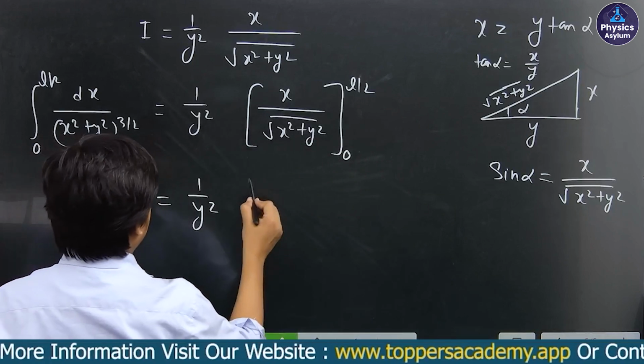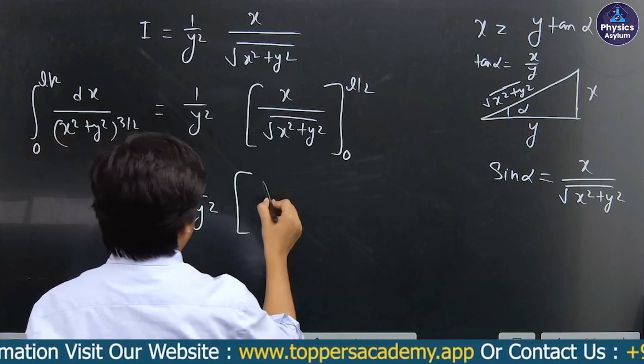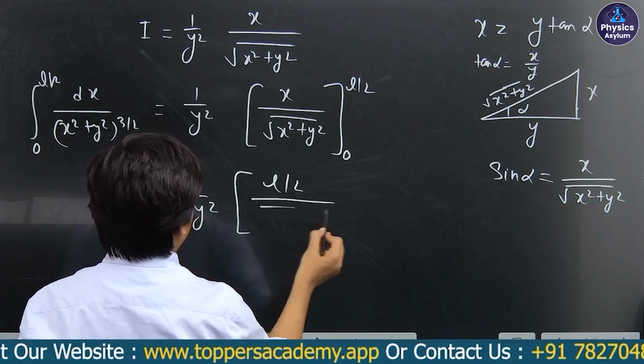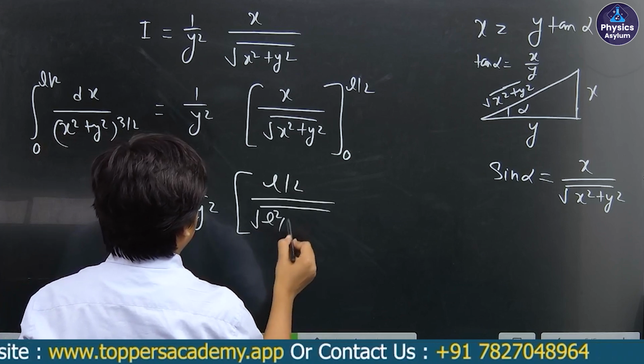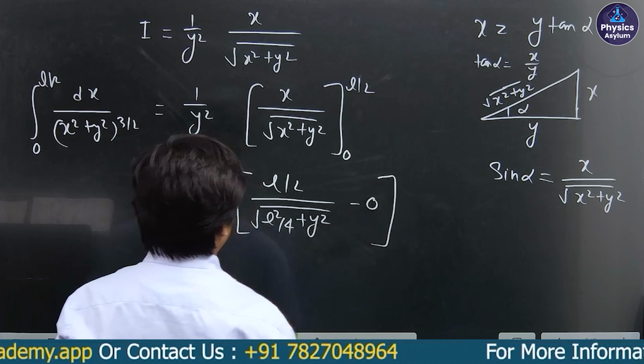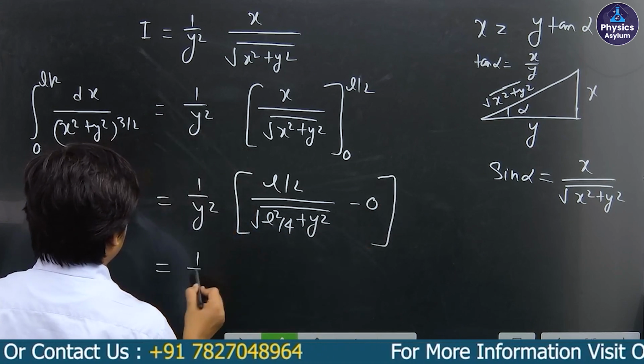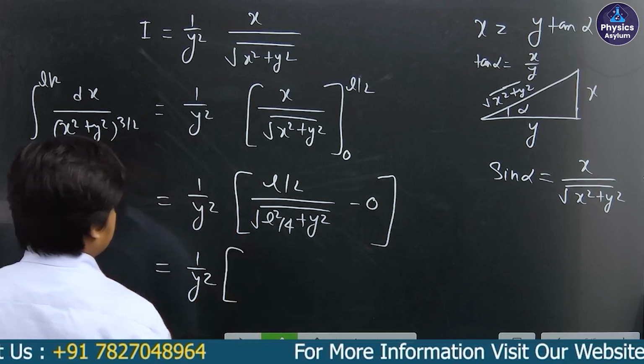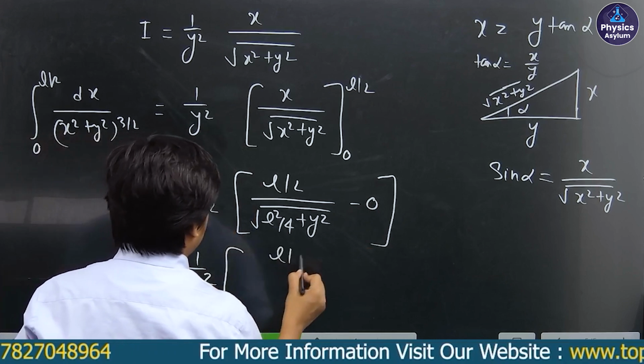So you can write now (L/2) divided by the square root of (L squared/4 plus y squared), minus 0. It can also be written as 1 over y squared times L/2, and in the denominator the square root of (L squared plus 4y squared) divided by 2.